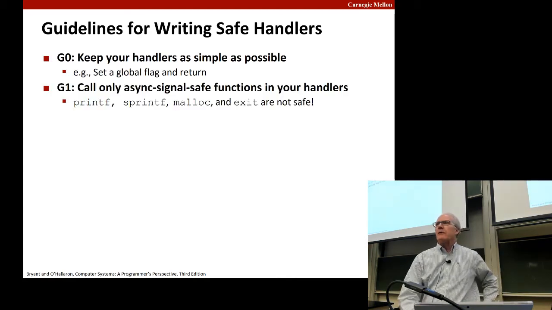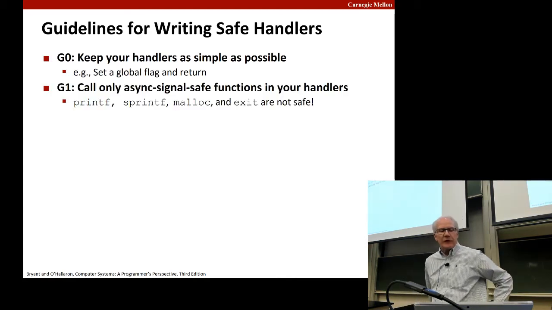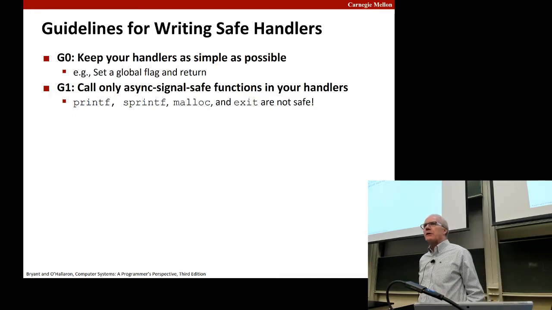The other is that there's only a very limited set of functions that you're allowed to call in a signal handler. And it has to do with some very awkward interactions between the support for threading and signals. So threading is a way, we'll talk later in the term, that you can also create concurrent activities within a single process.